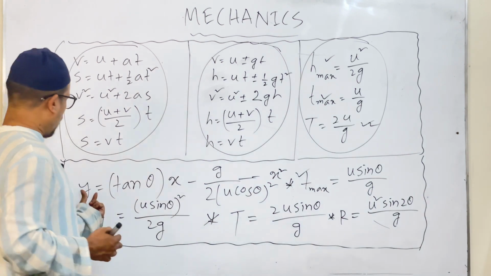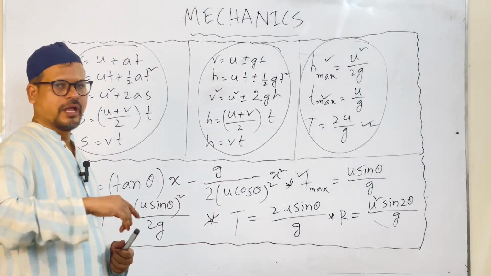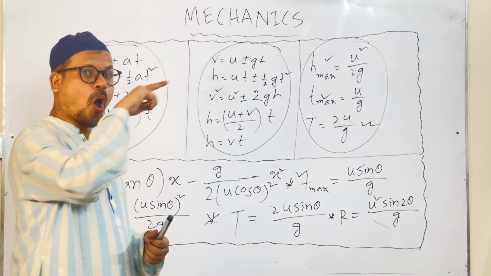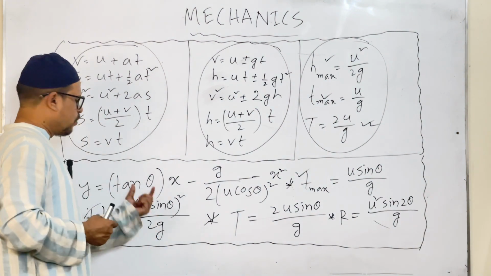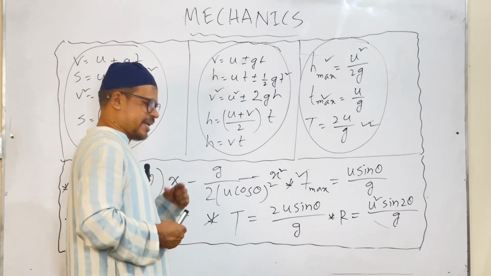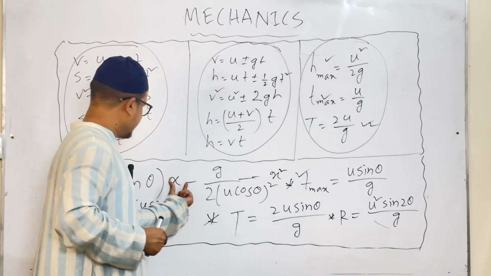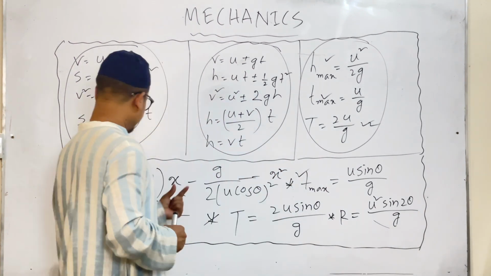This is y equal to, where y is the height, the ordinate. We need the axis x, the ordinate x, and here we need x square. This is a minus sign.